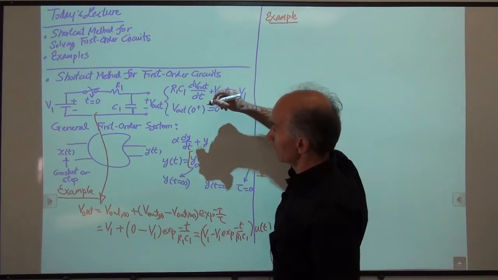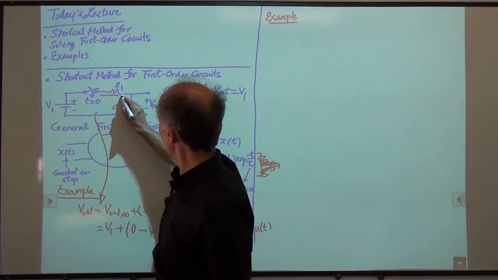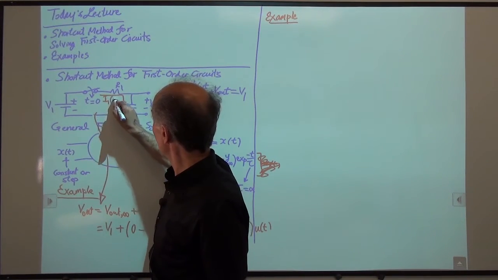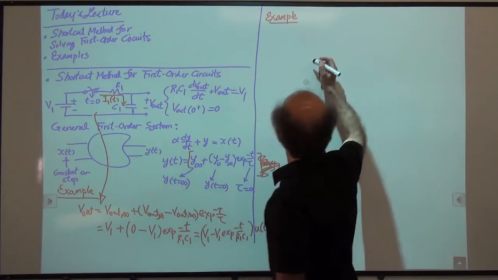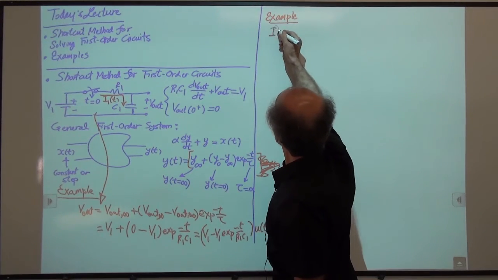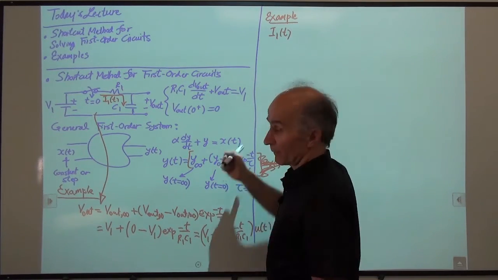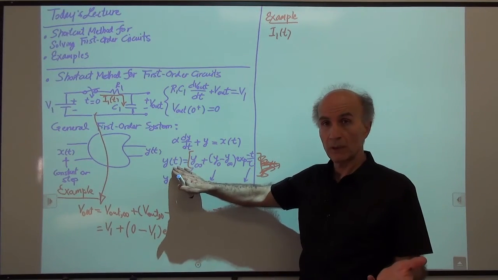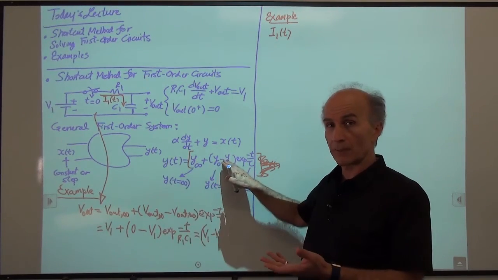And that would be the current that flows everywhere. So let's call that I1 of t. I1 of t is a first order system, right? So any output should be expressed in this form.